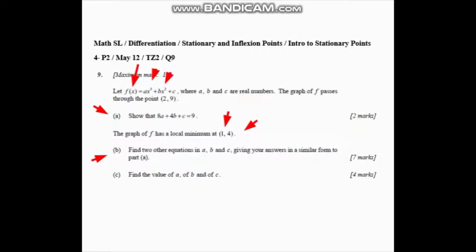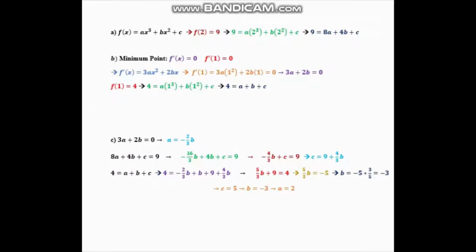We also know that a local minimum is a point where the slope is 0, and hence f dash is 0. So when x equals 1, f dash equals 0. So let's take a look at how to use this information. Since it's a minimum point, f dash of x equals 0 when x equals 1.